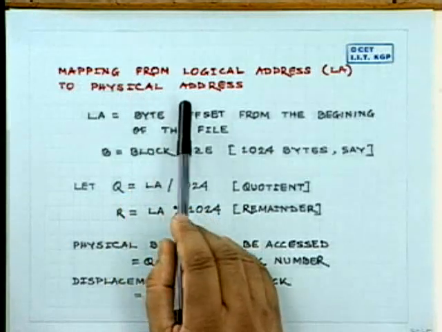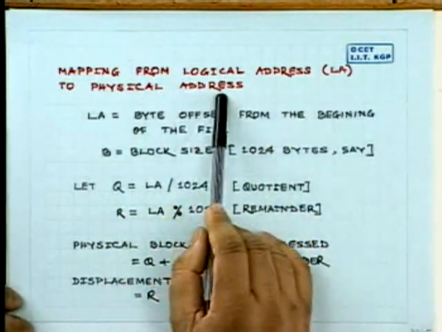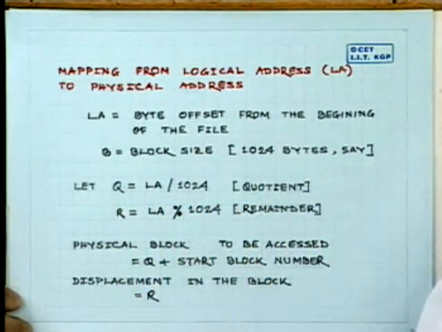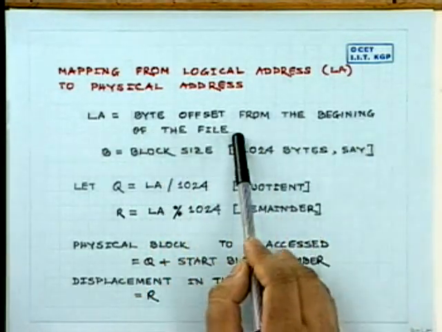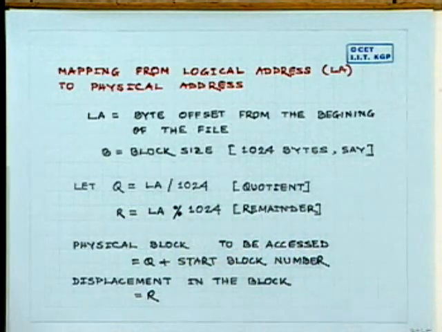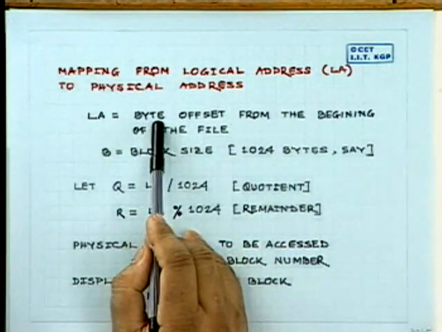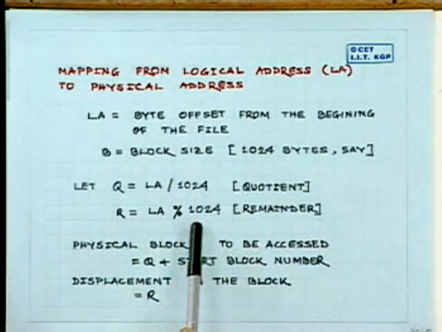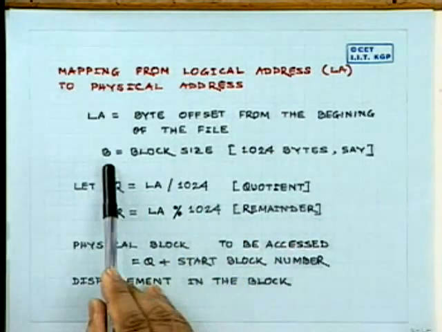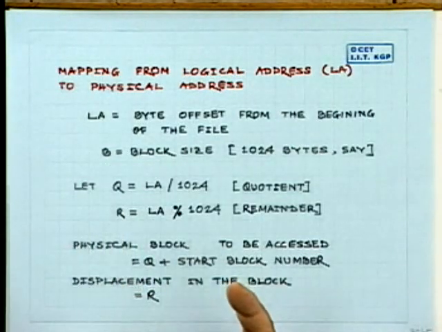Now, for that, let's see how I map from the logical address to a physical address. By logical address, I mean here the byte offset of that record from the beginning of the file. And by physical address, we mean which particular physical block that record will be in.